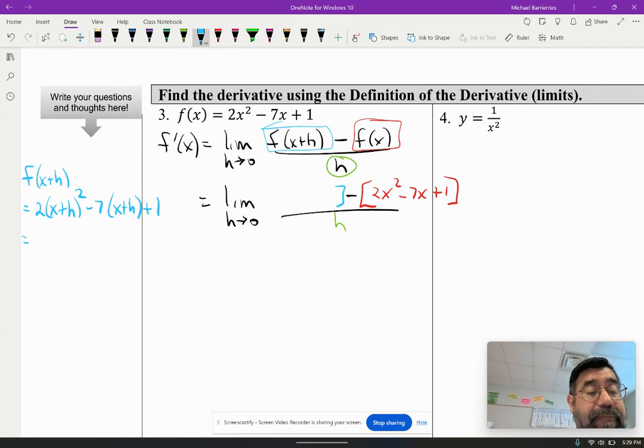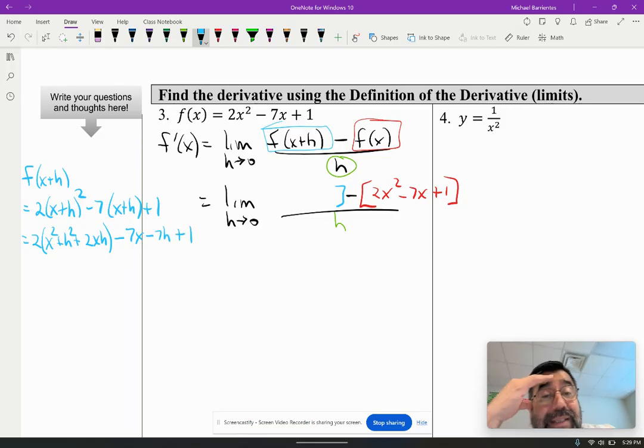Okay, so let's see. We're going to double this thing squared. So that's x squared plus h squared plus 2xh. Minus, we're going to multiply 7 times each of these. So we have to multiply 7 times x, but then I have to subtract 7 times h. And then don't forget about that plus 1. Dang, this is getting really algebra heavy, right?